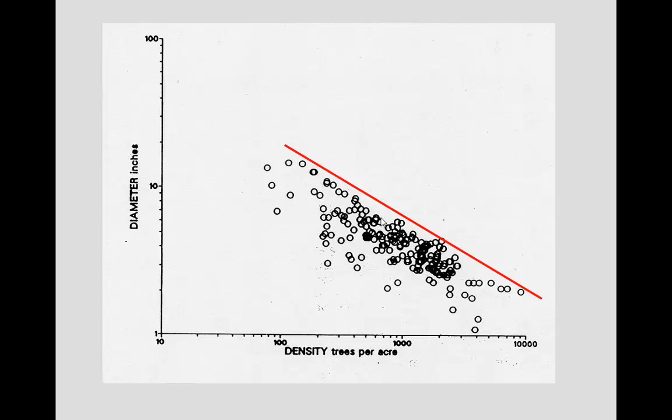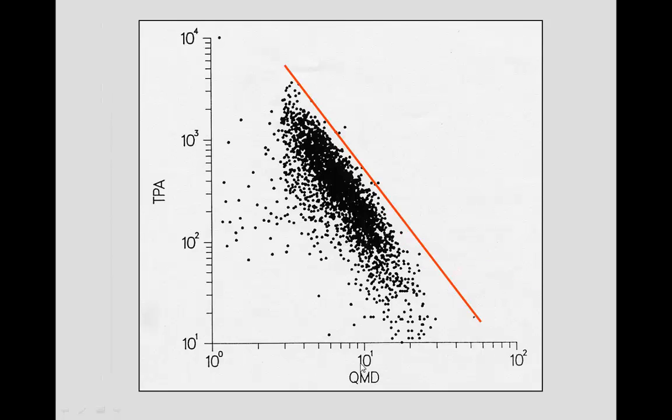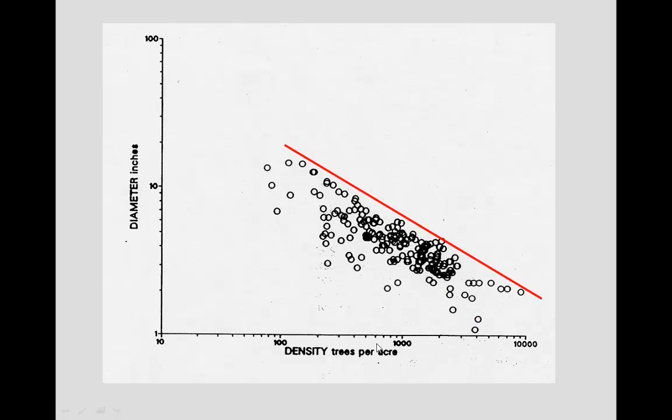Here's another data set. Now, this is aspen from Forest Service Region 4, so we're talking about our part of the Central Rockies. Each one of those circles represents an aspen stand, so we've got combinations of mean diameter and trees per acre. Now, notice a couple of things here. One is that I've flipped the axes on you. Before, I had quadratic mean diameter down here and trees per acre on the y-axis, and now we flipped it, and it doesn't matter.